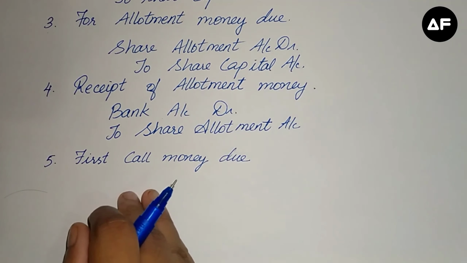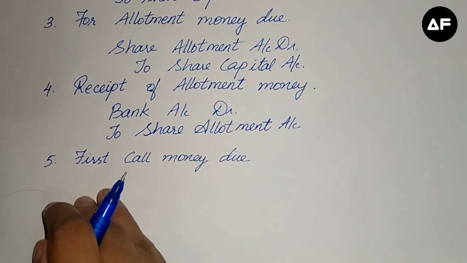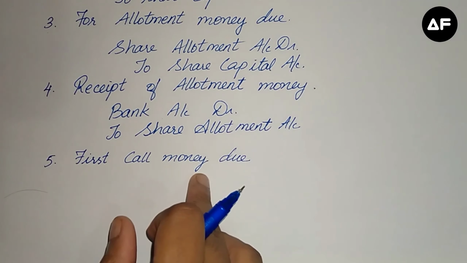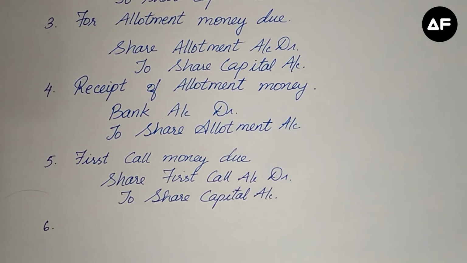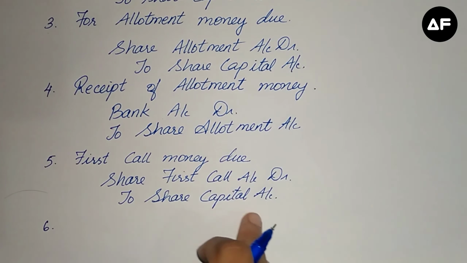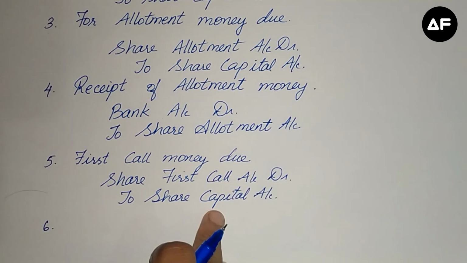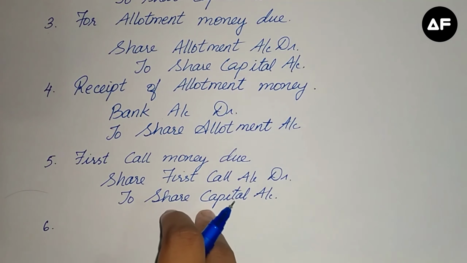So let's consider it as due. Likewise, for the investor, if they are opting for an installment basis, they will call them to pay their first call money. So it is first call money due. So share first call account debit to share capital, because the call money has to be credited to the capital, or it has been created to increase the capital, but the capital is going to be increased in installments.